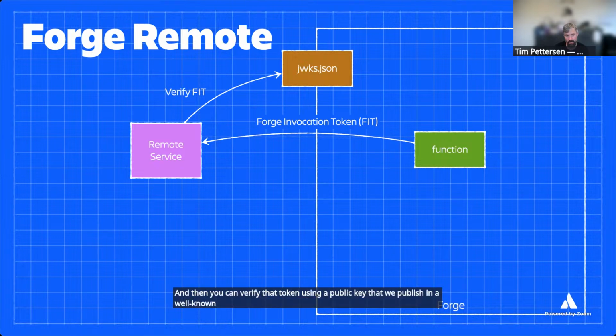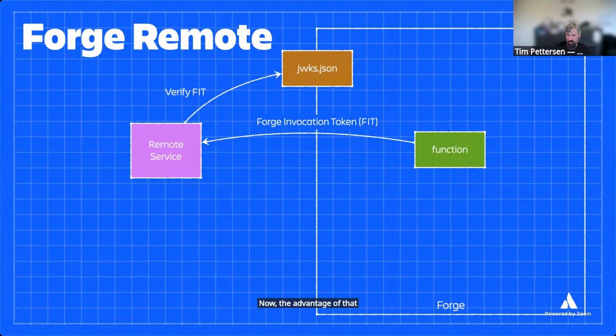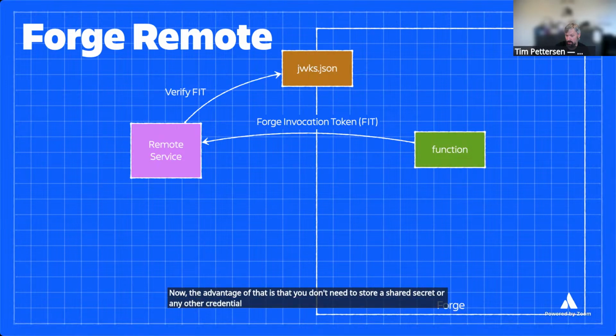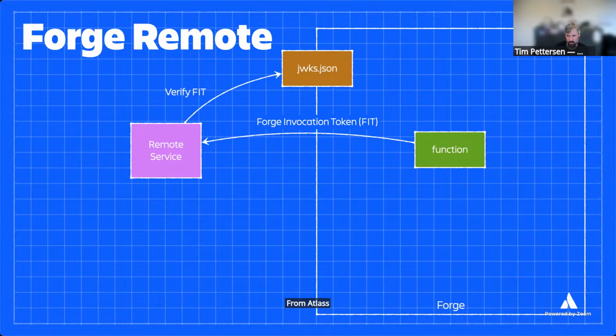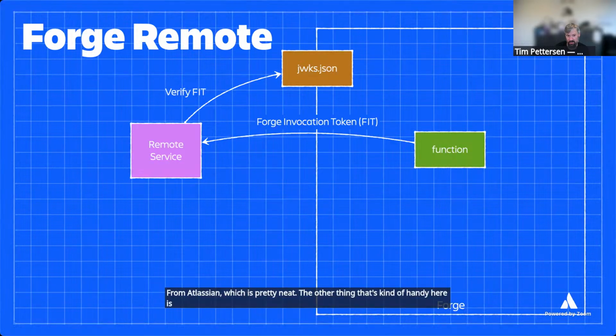It's basically a file called jwks.json that sits on a public CDN. Now, the advantage of that is that you don't need to store a shared secret or any other credential in your remote service in order to be able to verify these requests from Atlassian, which is pretty neat. The other thing that's kind of handy here is that these tokens are quite short-lived. They're only valid for a period of 4 hours.